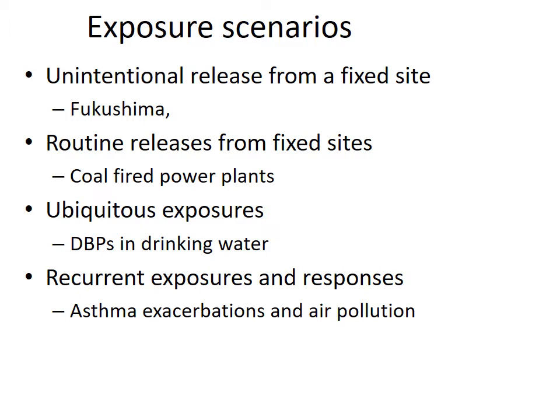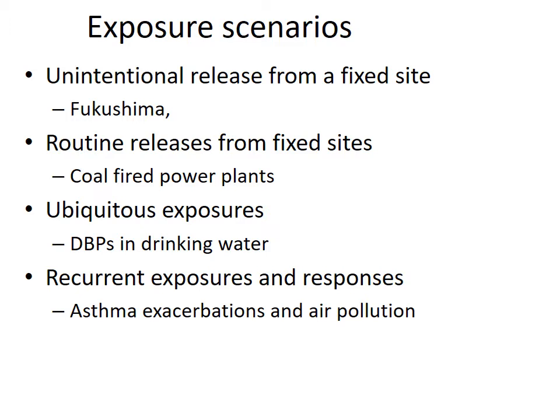We can think about ubiquitous exposures, which are exposures that are constantly in the environment, not as a result of an intentional or unintentional release. For example, the presence of disinfection byproducts in drinking water. They're there, they're not being released over periodic amounts of time, they're constantly present.